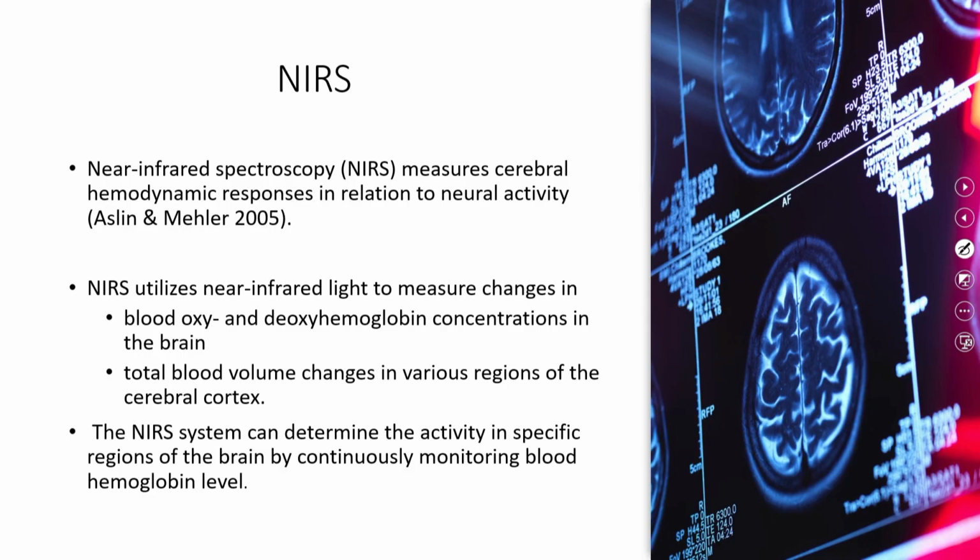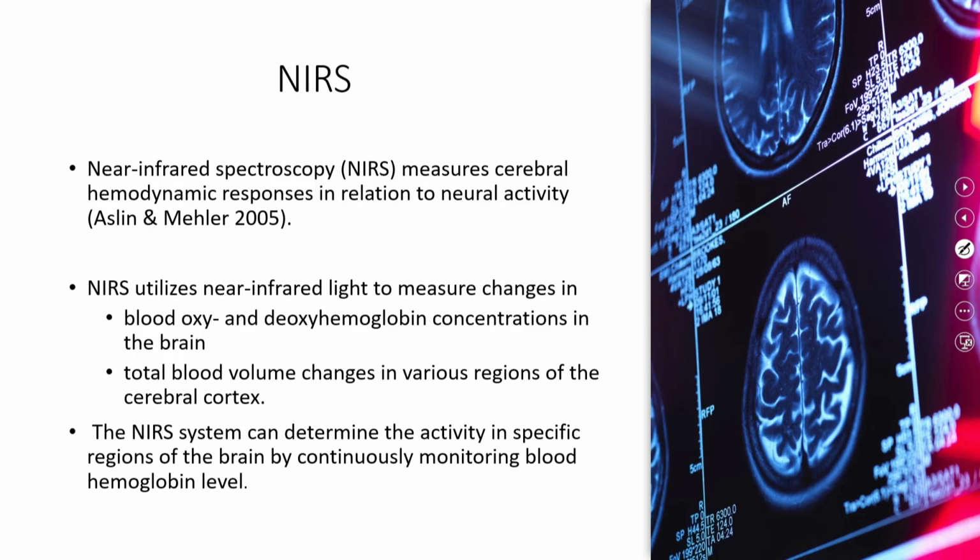NIRS is another machine, near infrared spectroscopy. It measures the cerebral hemodynamic response, again in relation to neural activity. It utilizes near infrared light to measure changes in the blood oxy and deoxyhemoglobin concentrations in the brain. So, here the method is slightly different. They use near infrared light to look at the oxygenation and deoxygenation of the human blood hemoglobin concentration in the brain.